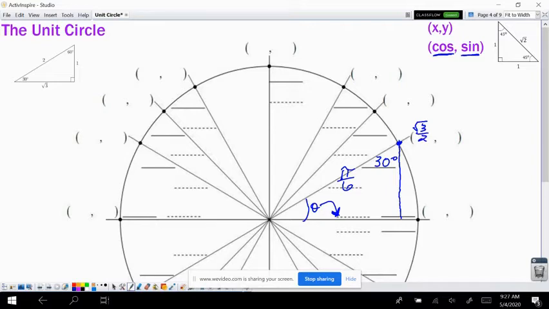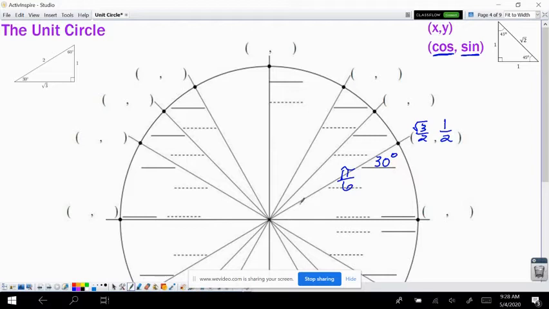The y-coordinate, up and down, that's the opposite side. That's going to be the sine of 30, and we know that is 1/2. So we can get those coordinates by identifying the angle that we have made and knowing its cosine and sine values.